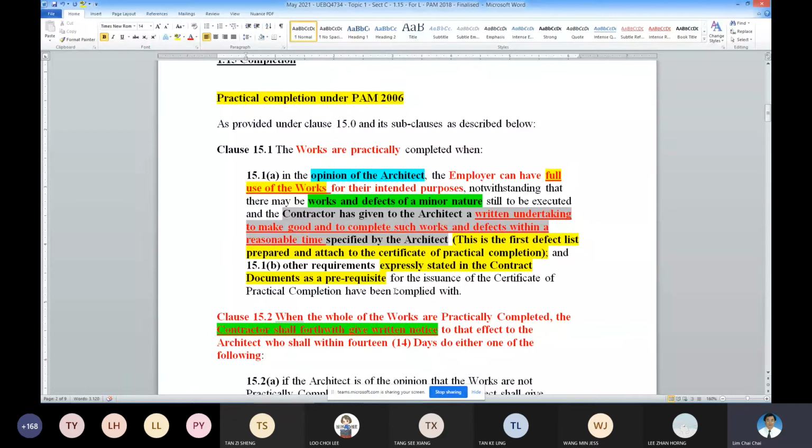You must test it to a certain standard, and also there are data requirements to be complied with. Yeah. Other requirements expressly stated in the contract document as prerequisites. I can give you an example.